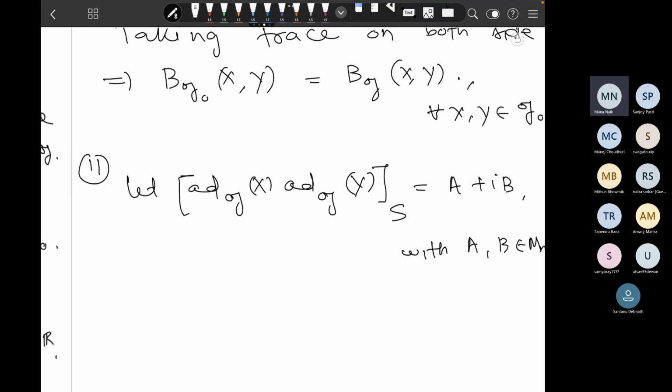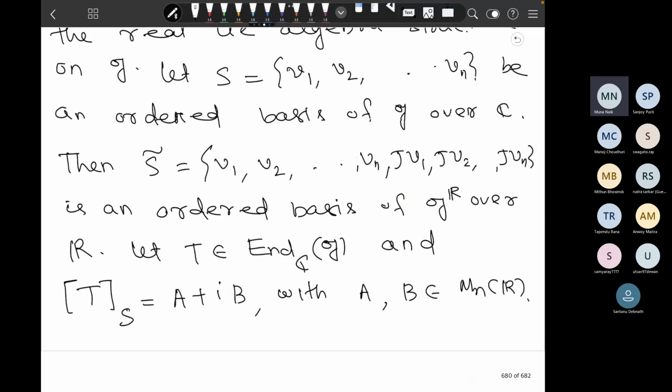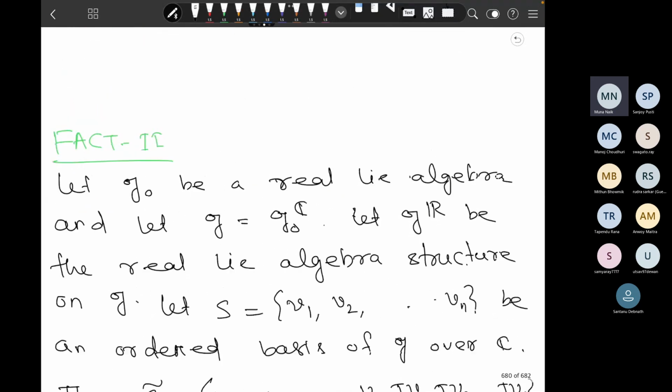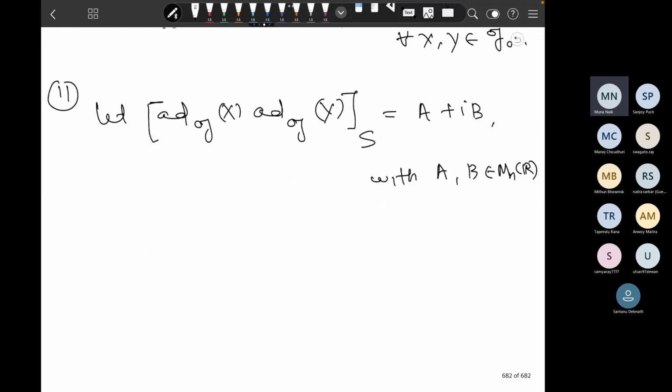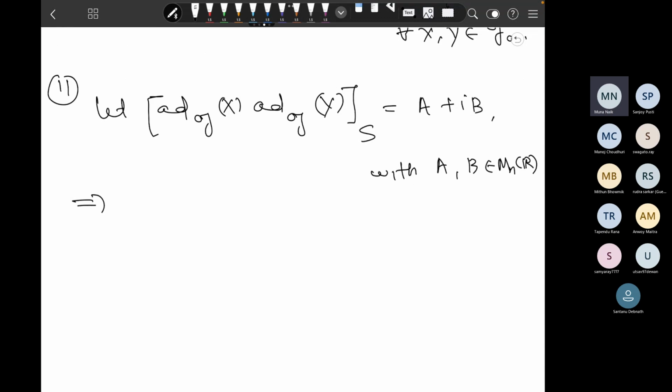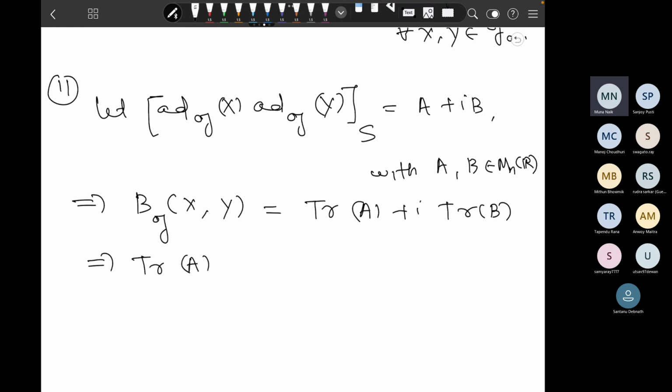I told you we have to use this fact: if a matrix represents some T with respect to S as A plus iB, the matrix representation of T with respect to S tilde is the block matrix with A, B, minus B, A. First, we get B(X, Y) equal to B_G(X, Y), which is the trace of A plus i times the trace of B. So the trace of A is equal to the real part of B_G(X, Y).